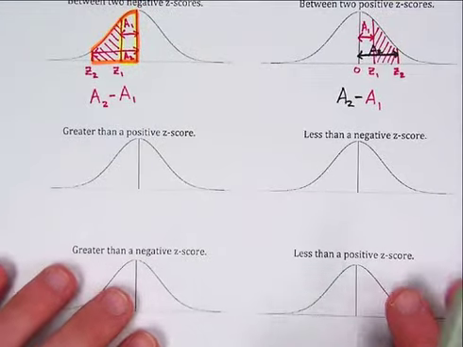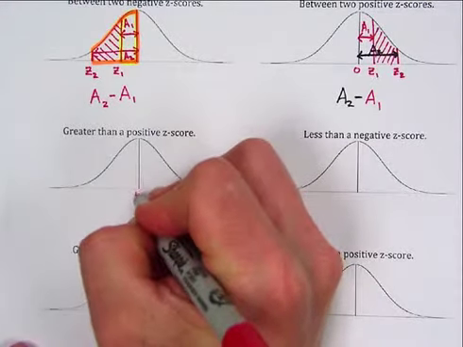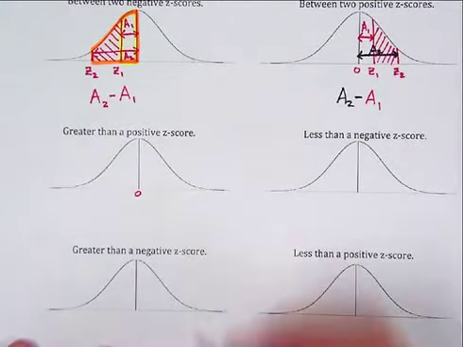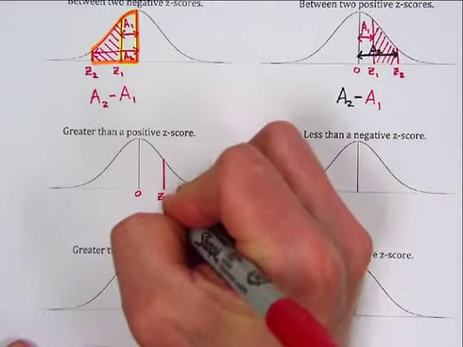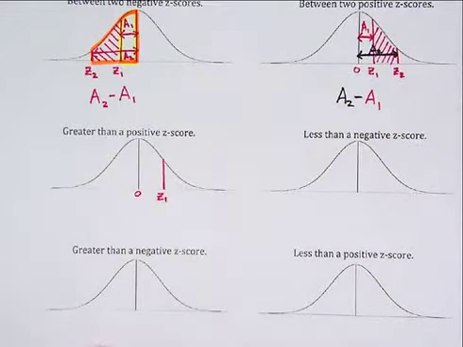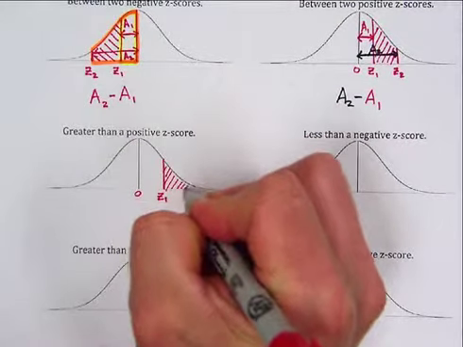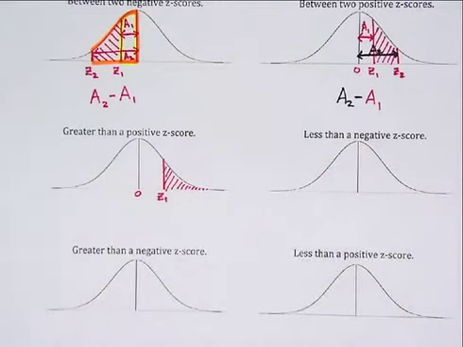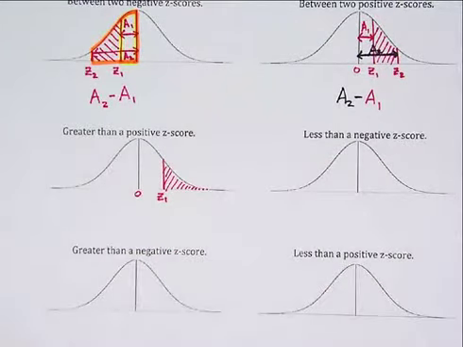All right. Our next example is involving only one z-score now. And this is greater than a positive z-score. So here is 0 at our mean. And let's just say we have a positive z-score. And we want to find the percent of data that's greater than that value. So now we're looking for this little tail out here.